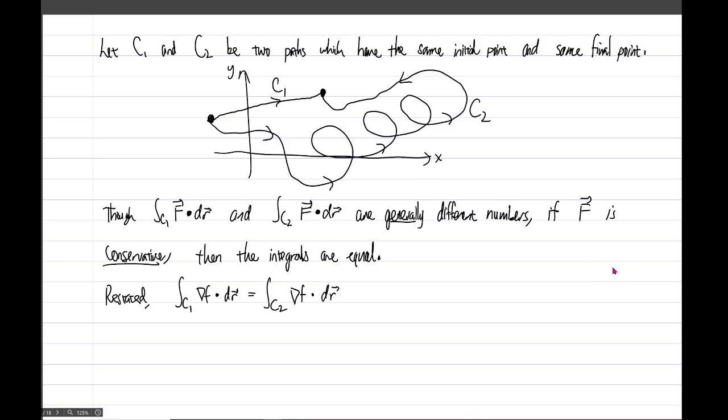So restated, this equals this if C1 and C2 have the same initial point and the same terminal point or final point. So there's still requirements, right? It doesn't matter what path you take, as long as the two paths start at the same place and end at the same place.